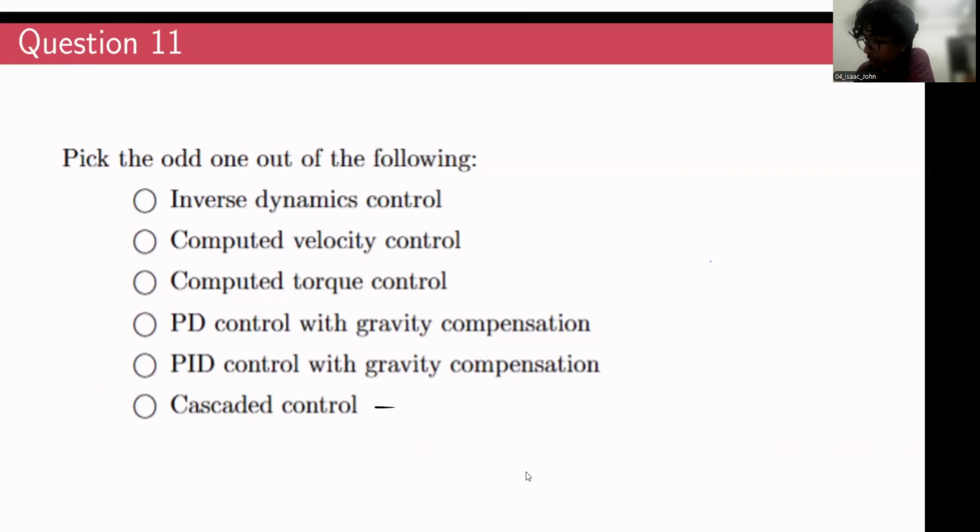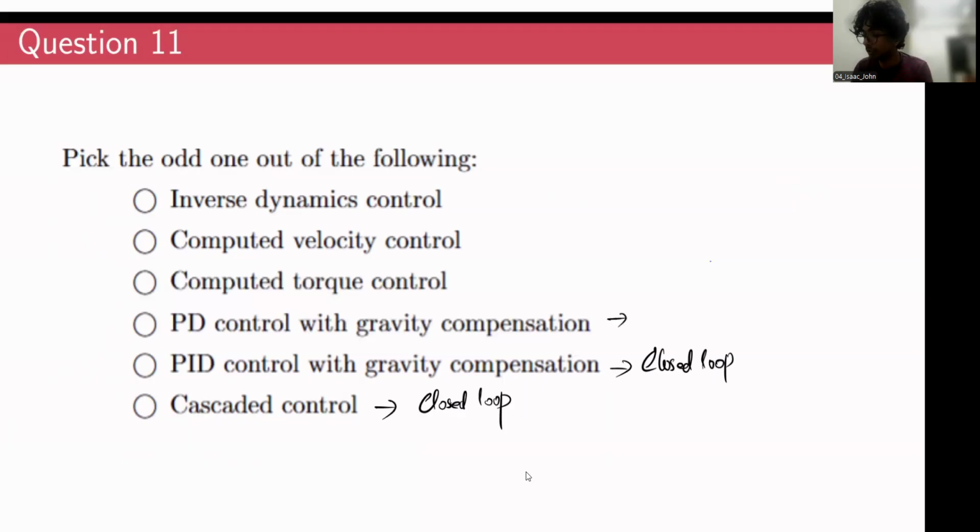So the cascaded control, which is being taught in the lectures, this is a closed loop control. PID control is also a closed loop control because the P, I and D basically deal with the proportional, integral and derivative variation in the error itself, and error is nothing but the difference between the desired and actual variable.